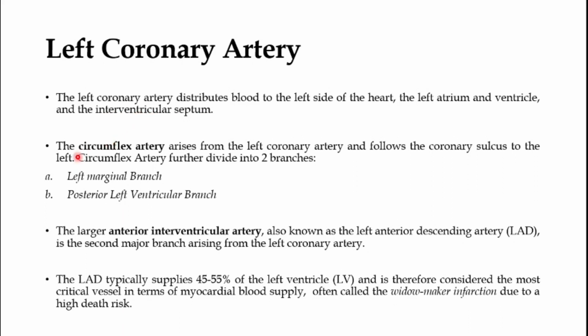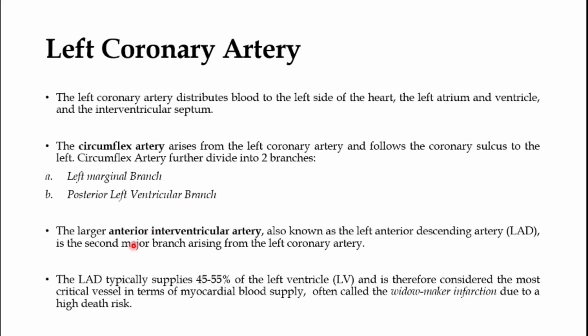The left coronary artery has two main branches. One is the circumflex artery and the other one is the anterior interventricular artery, which is also known as the LAD. And we have seen in the video that the circumflex artery is further divided into two branches. One is known as the left marginal branch and the other one is known as the posterior left ventricular branch.